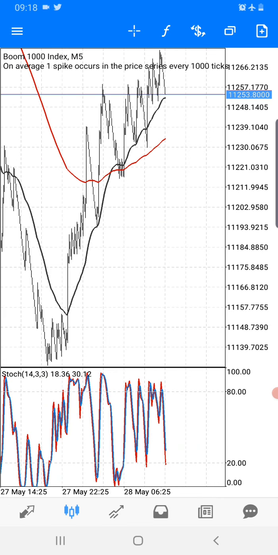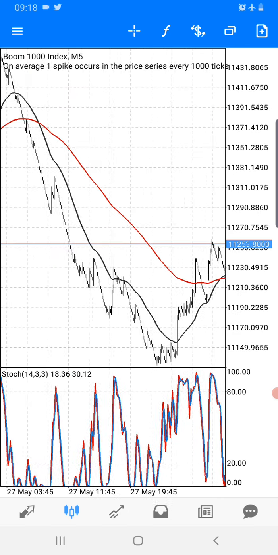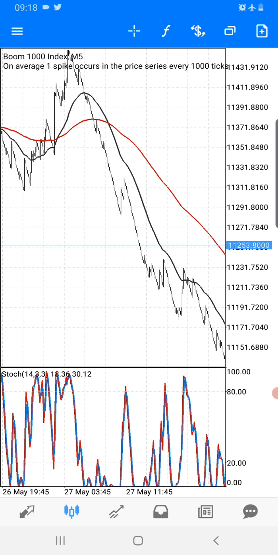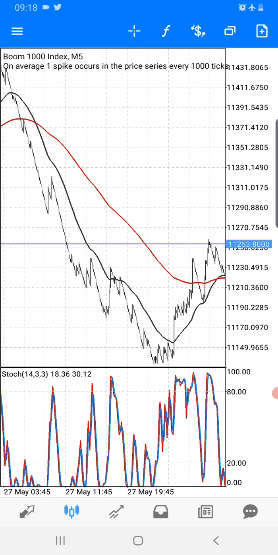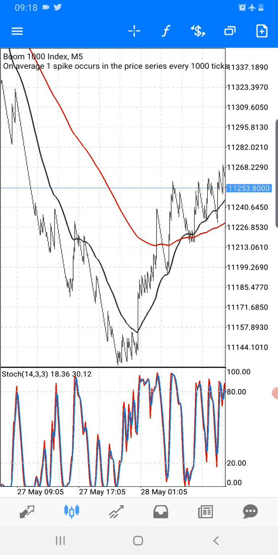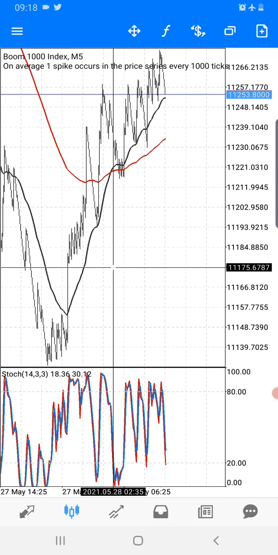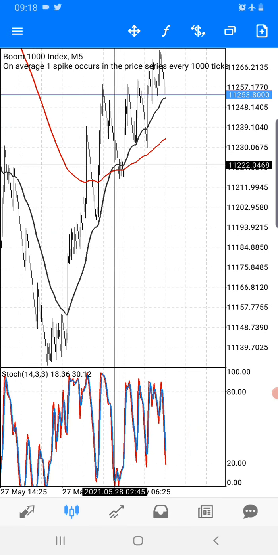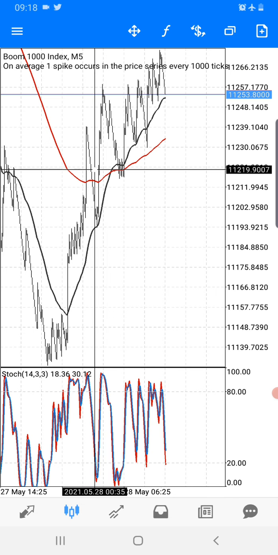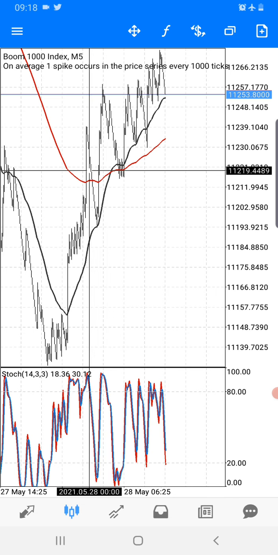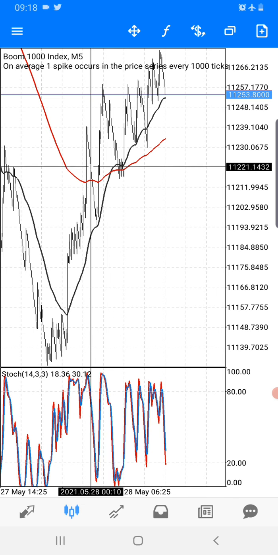So let's do what we want to do. It will be good if you have some idea about your price action as well, so you combine it with this. But let me just show you. Let's take from exactly here now. The cross took place here, but let's say you don't enter there.